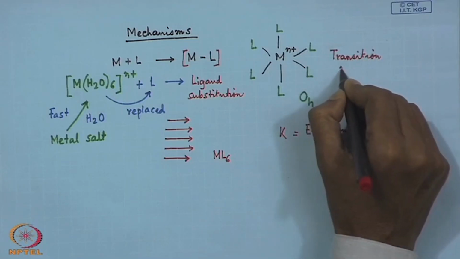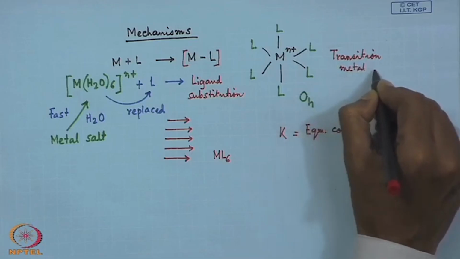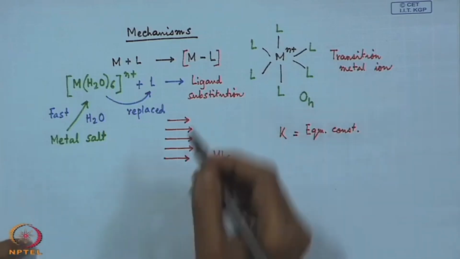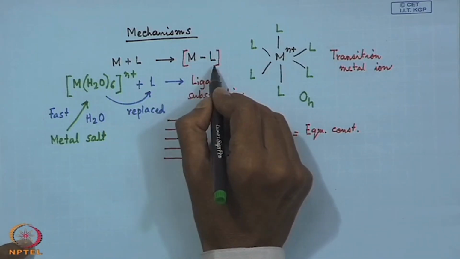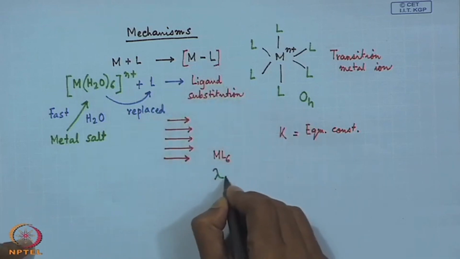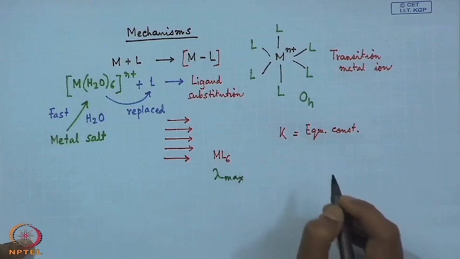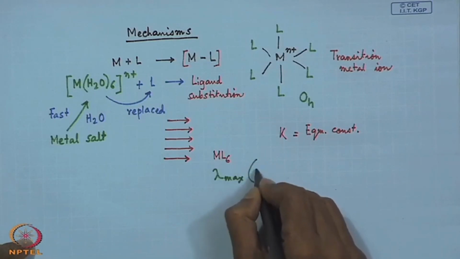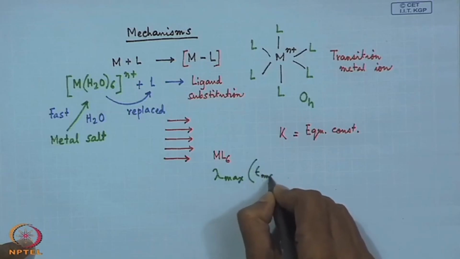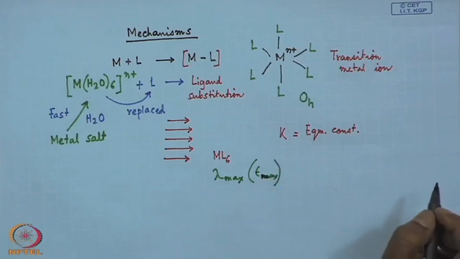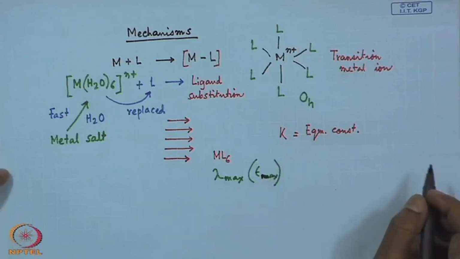If this is a transition metal ion, it would be colored, and we can monitor the formation of this ML or ML6 compound by looking at the lambda max value for the formation of this particular ML6 species and its epsilon max, the molar absorptivity of that compound.